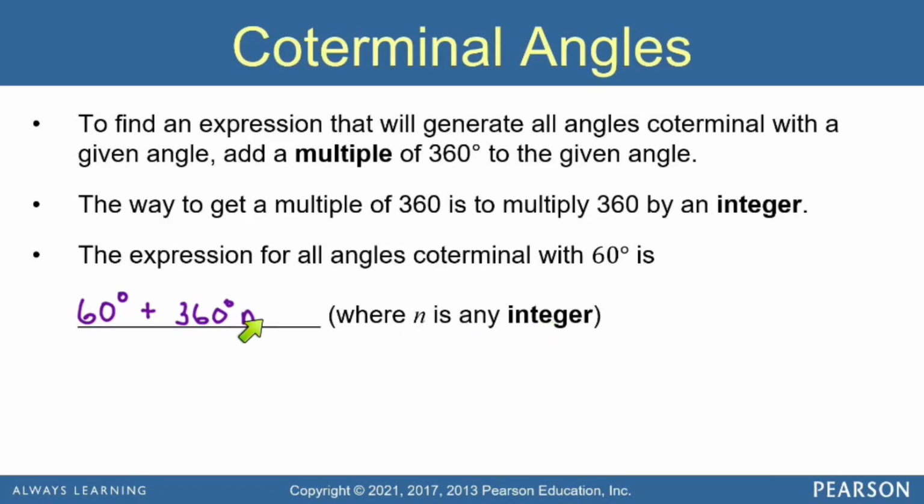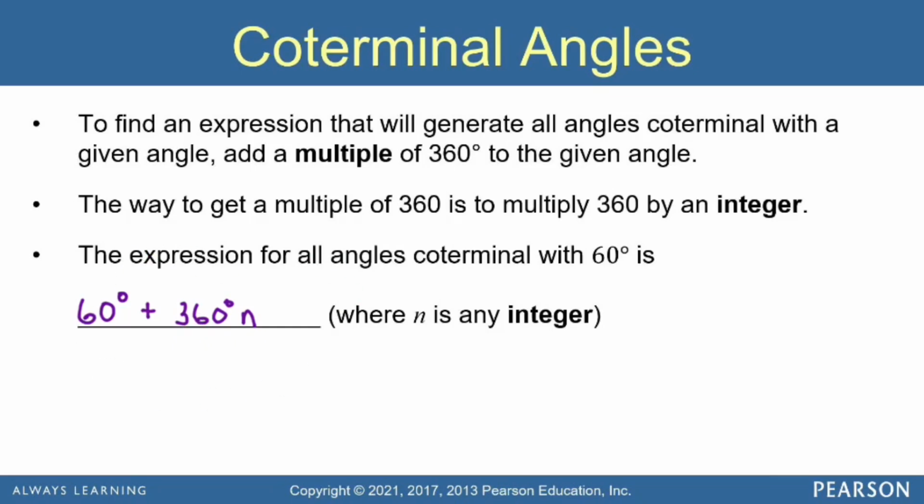So you see somebody could plug in any integer value they wanted for n, say, for example, 60 degrees plus 360 times 2, or 60 degrees plus 360 times negative 5. Whatever integer they plug in for n, that's going to give another angle that is coterminal with 60 degrees, because all the 360n does is add a whole rotation from that 60 degree position.